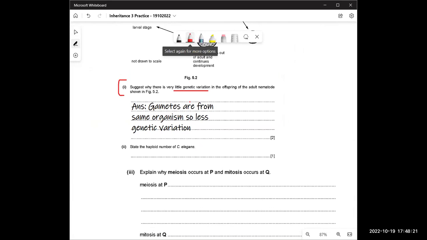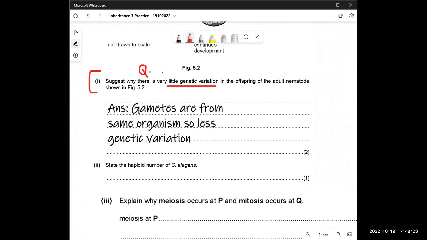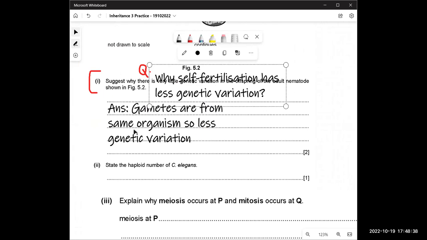Now you can write this question in your notebook, such as, remove this part, write why self-fertilization has less genetic variation. And the answer is given in your notebook over here.